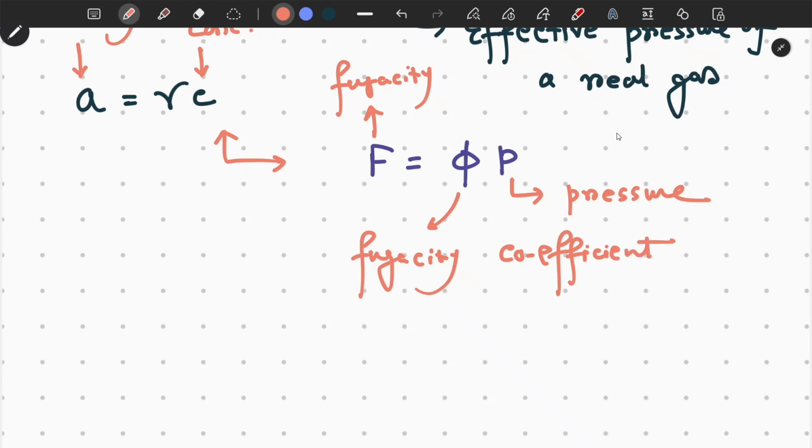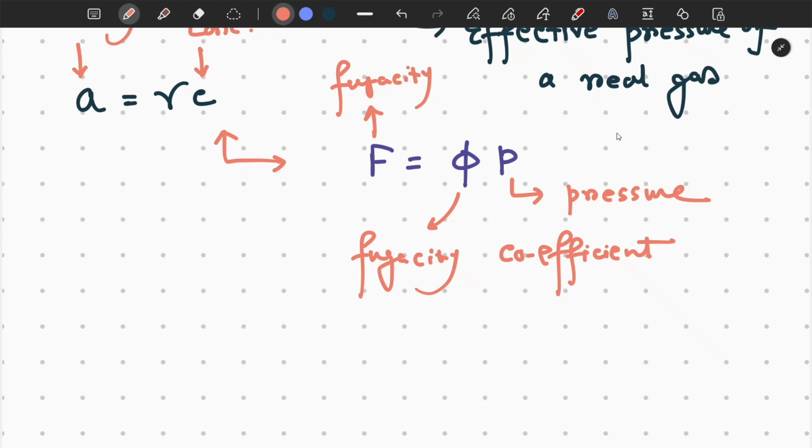This is the active pressure, effective pressure. If the gas is ideal, then pressure should be P. But all gases are real gases, so pressure will be f, that is phi times P, similar to the activity concept. Is it clear?